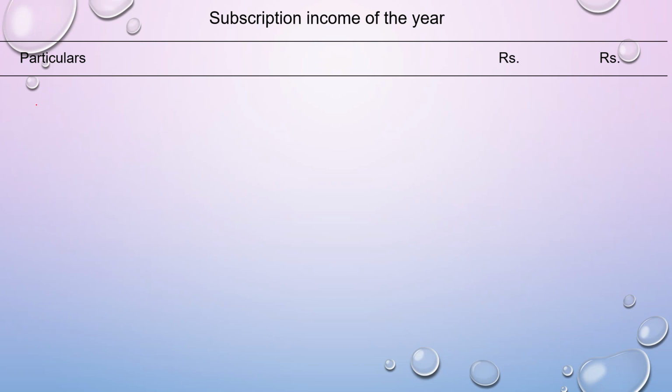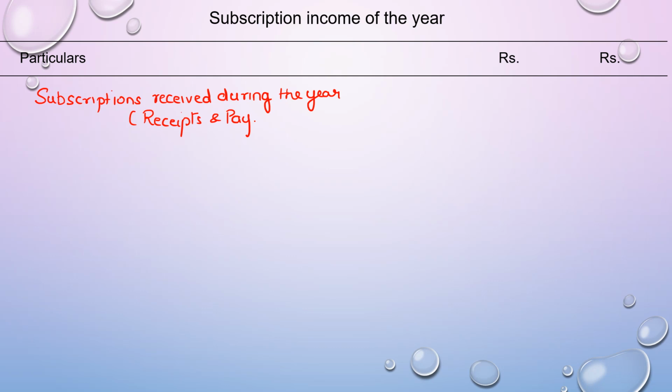So as per the statement format, we start with what? Subscription received during the year. So write subscriptions received during the year. This is as per the receipts and payments account.